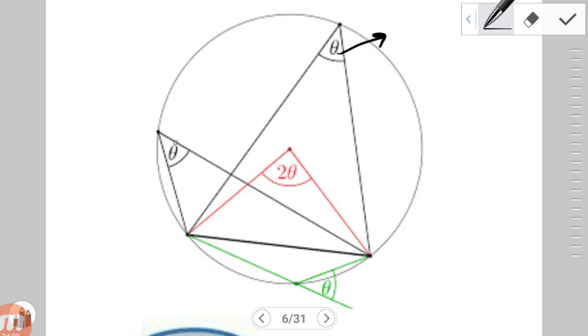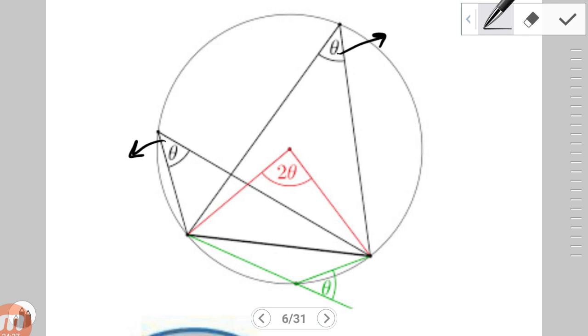But notice that there is also a theta out here, and that theta is not above the angle. That confirms it's not going to be an ambiguous statement like the angle above the angle that is formed at the center.